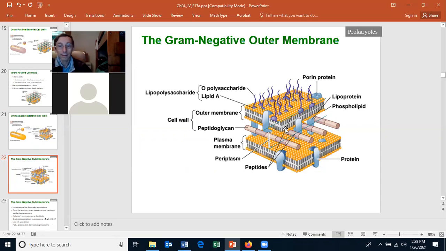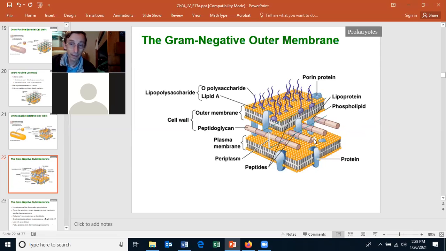If there was no porin molecule, then the only molecules that could move across the outer membrane would be lipid-soluble molecules. And obviously, cells want such things as amino acids and glucose and nucleic acids, or nucleosides, I should say, to move into the cell.